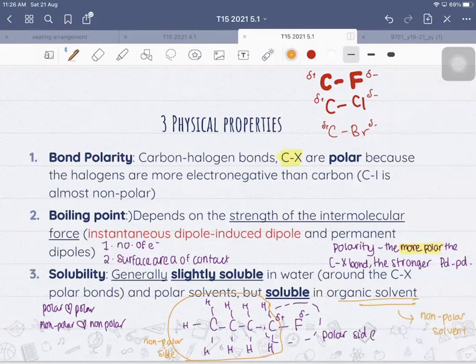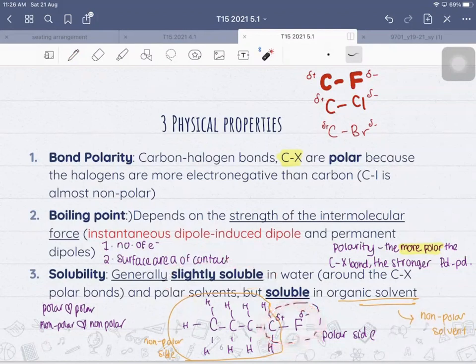The idea of solubility is still the same for the other functional groups as well. That's why in general we say the solubility of halogenoalkanes in water is only slight, because only this part of the molecule will interact with water.